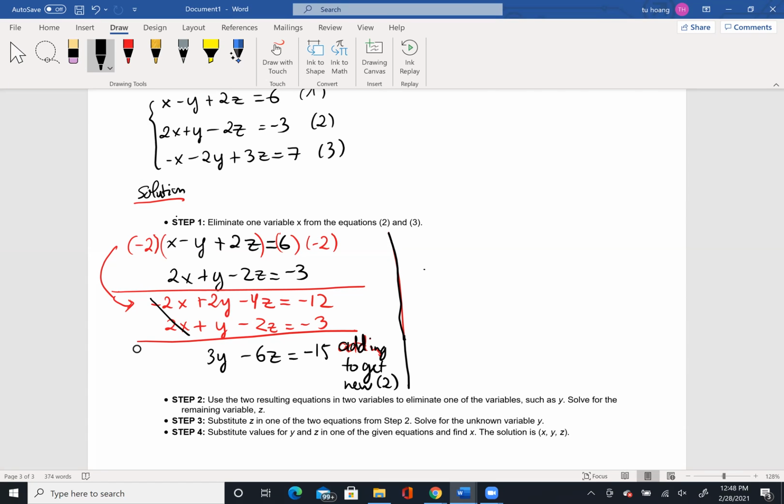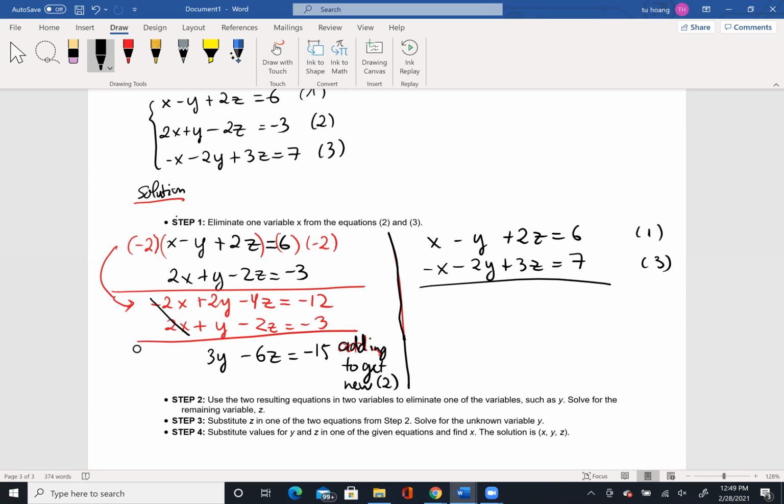The third one was -x minus 2y plus 3z equals 7, right? And I'm still using the first equation, x minus y plus 2z equals 6, to eliminate variable x from equation number 3. So in this case, I don't even have to multiply with anything. I'm just going to add them.